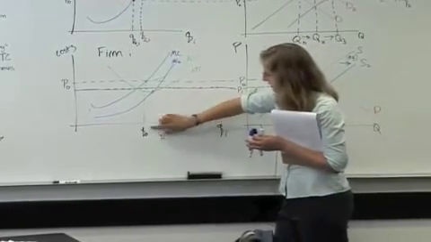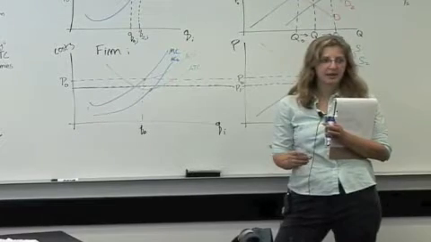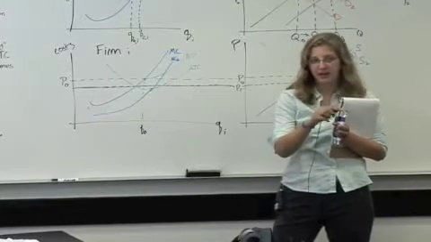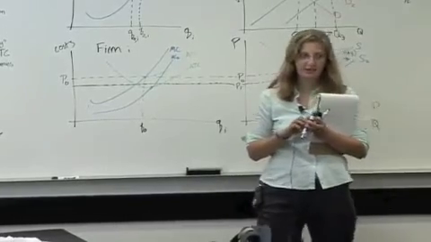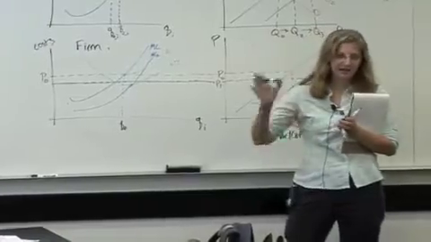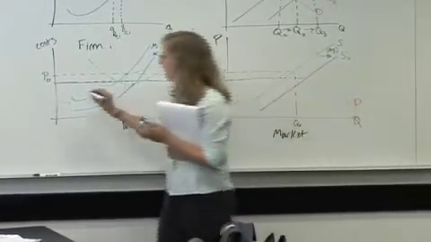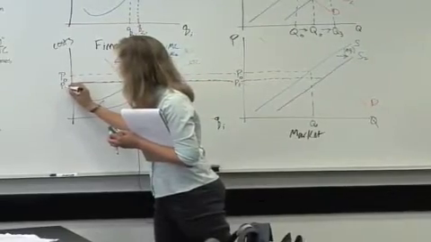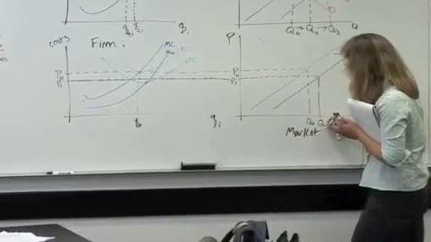Wait, why did you draw the intersection there instead of where the new marginal cost equals the price? So we'll get there in a sec. That's the long run equilibrium. I agree that this intermediate step is probably a very short-term step. Because in the very, very short term, P1, Q1.